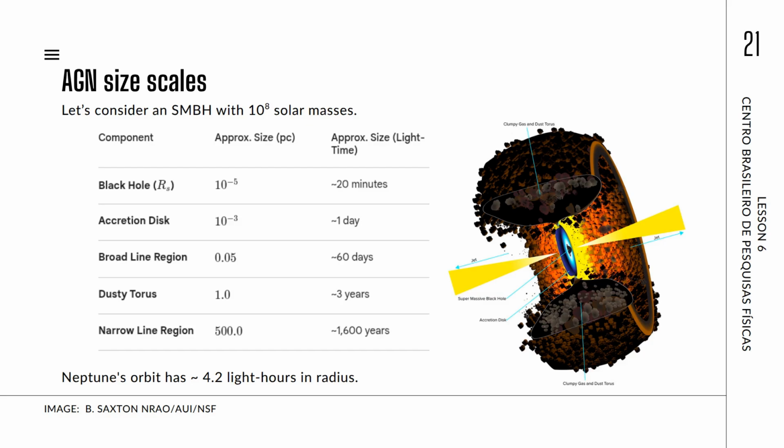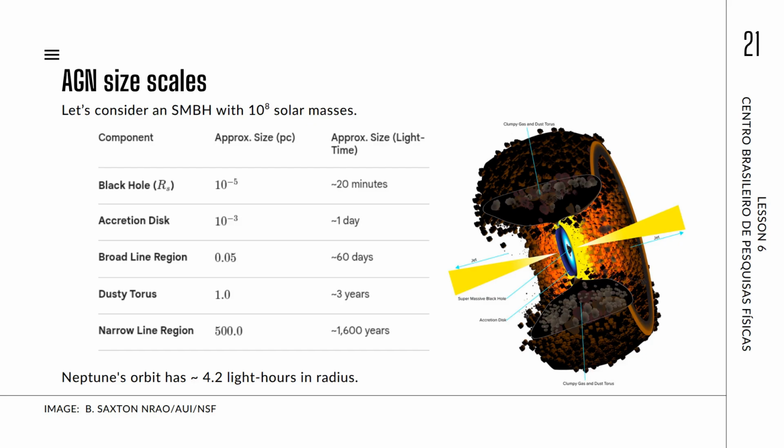Actually, the torus can start much further in. The size I give is the crossing size of the torus, the diameter of a section of the torus.